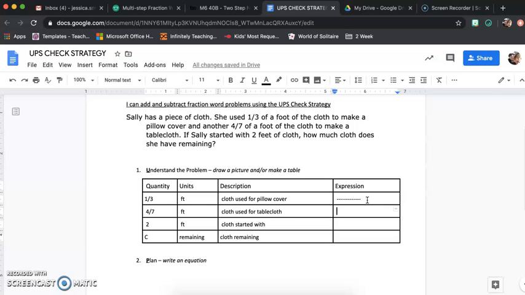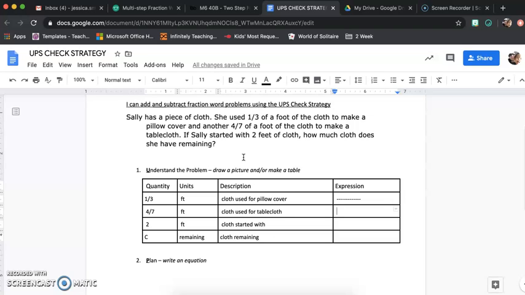So do I need to do anything with my 4/7 of a foot and my 1/3 of a foot? Well, let me go back into the word problem once again. So she has a piece of cloth. She used 1/3 of a foot to make a pillow cover and 4/7 to make a tablecloth. Well, I have those 2 feet of cloth. See, losing my train of thought.